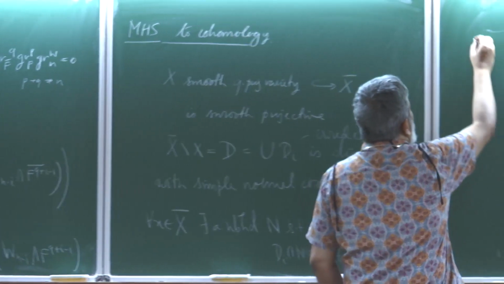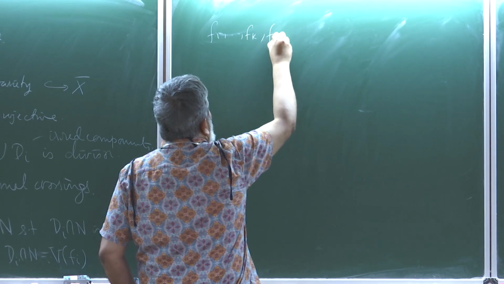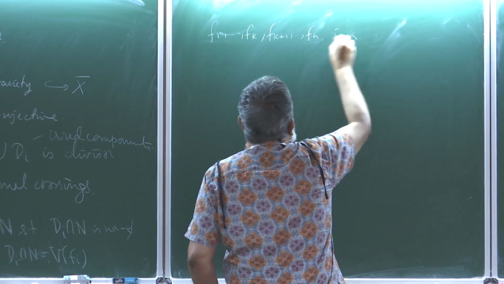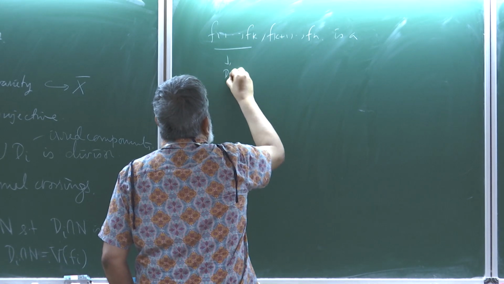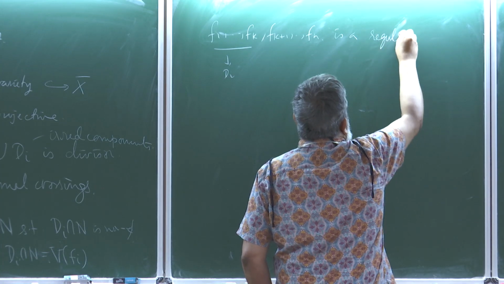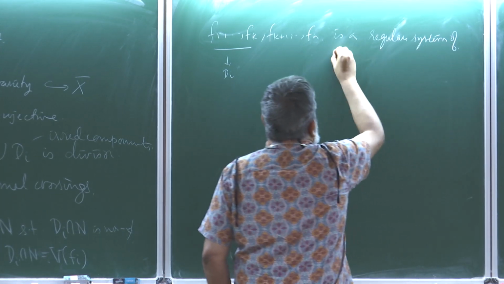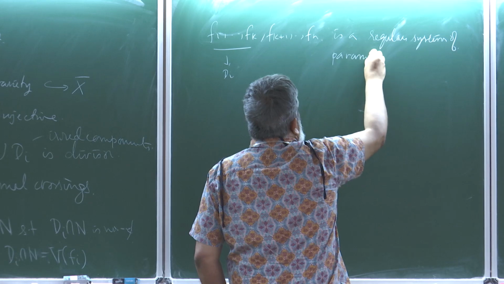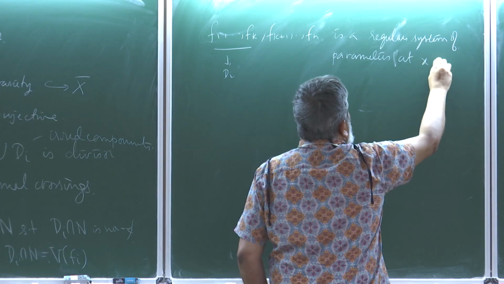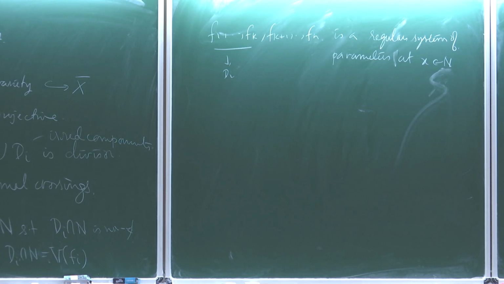So let's say f_1, f_2, ..., f_k are the ones which occur; they can be extended to f_{k+1}, ..., f_n, the ones associated to the D_i's plus some more, forming a regular system of parameters at x in N, x in X bar. Okay, so that's a simple normal crossing divisor.